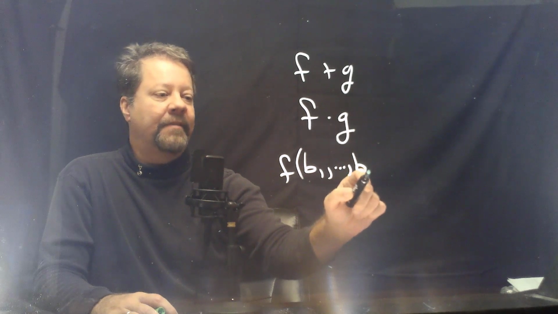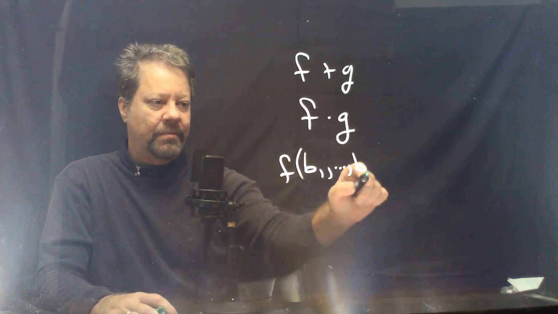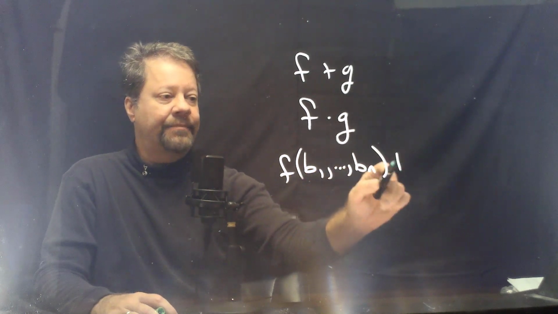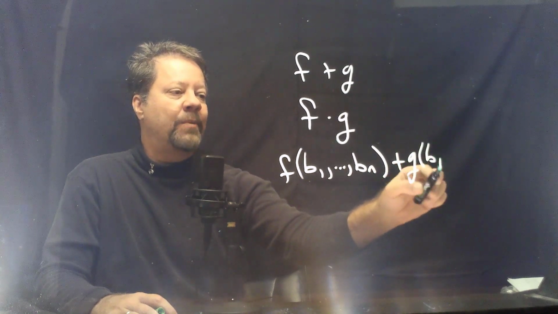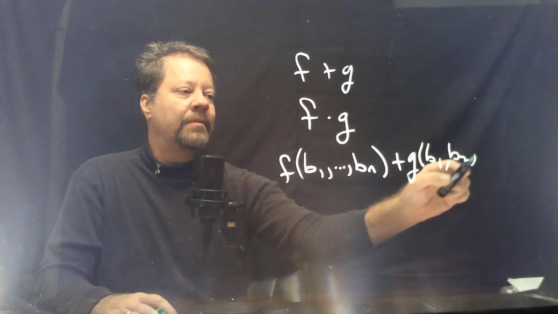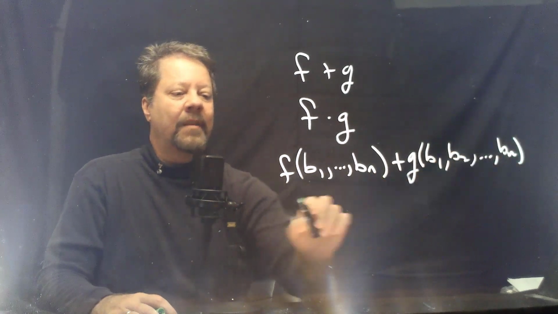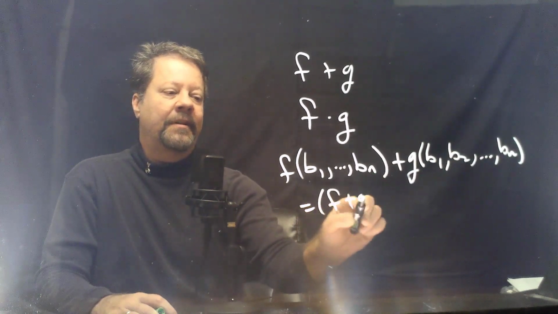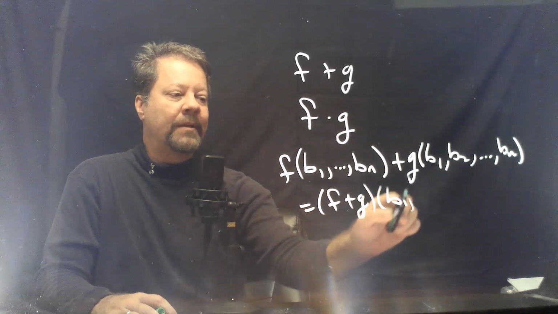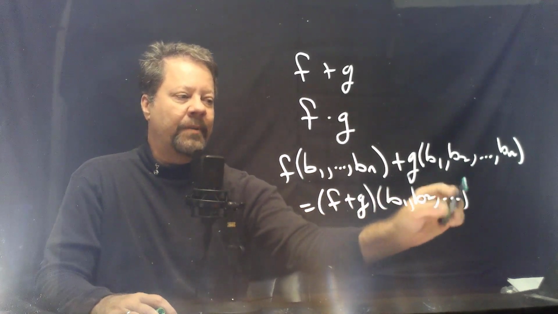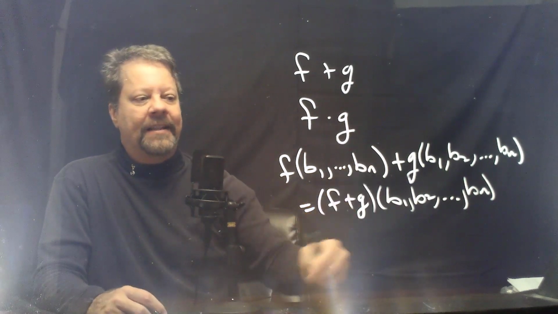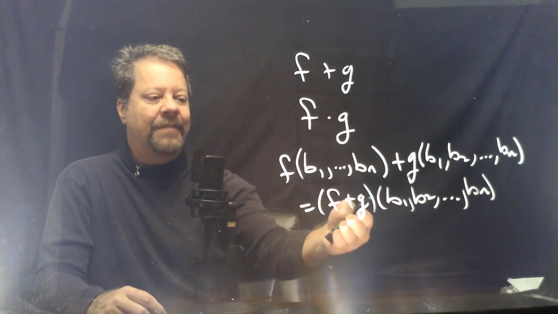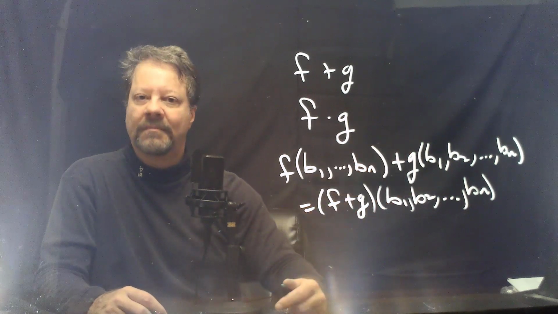If you have f of b1, b2, all the way through bn, if you add that to g of b1, b2, all the way to bn, what you get is f plus g evaluated at b1, b2, all the way to bn, and so on. So it's easy to define these. How do you add two functions together? Well, you just add them.